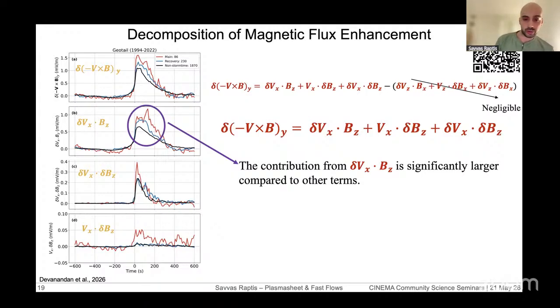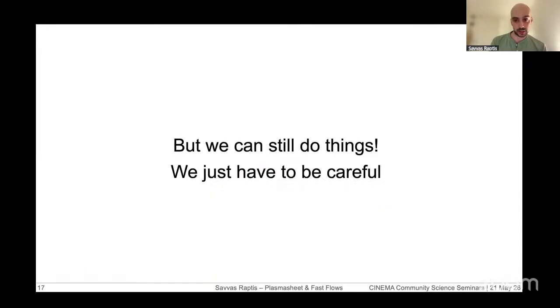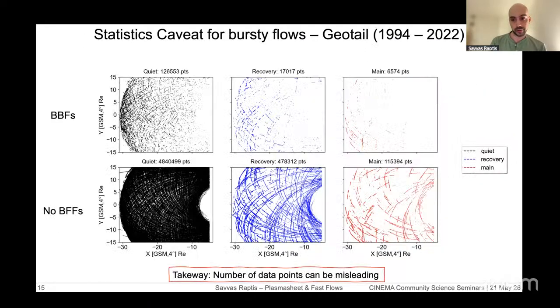Yes, Andre, you're absolutely right. What this plot really shows is what the average BBF observed by Geotail has to tell us. This is heavily affected by the fact, as I showed in this plot, that most, if not all, of the Geotail observations are further to the tail than 20 RE.